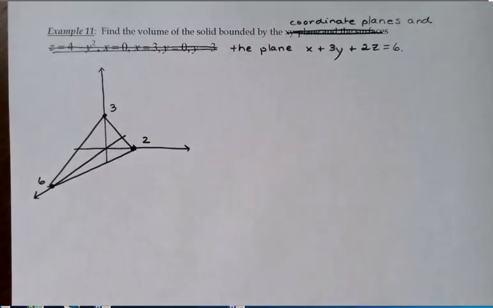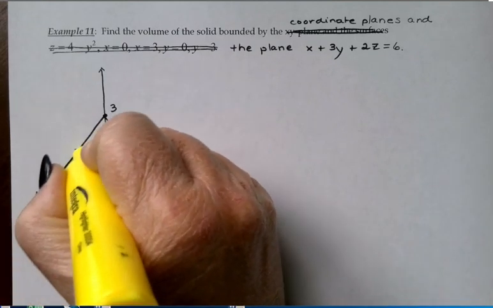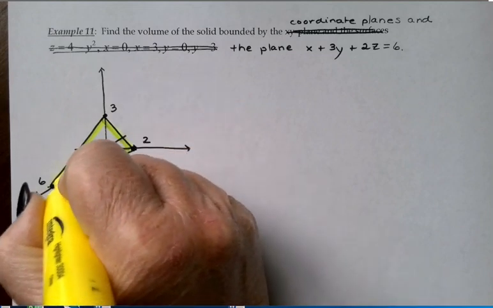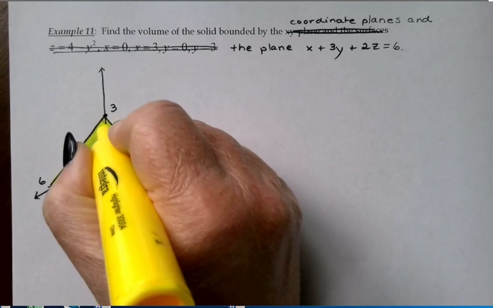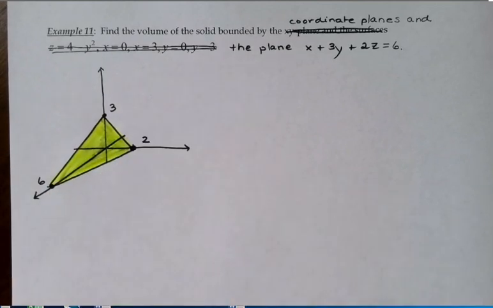So drawing in the traces, that would be the triangle that shows where that plane cuts through the first octant. The plane would go on, of course, behind all 3 coordinate planes, but since the coordinate planes are boundaries, I don't care about anything else, just that part.